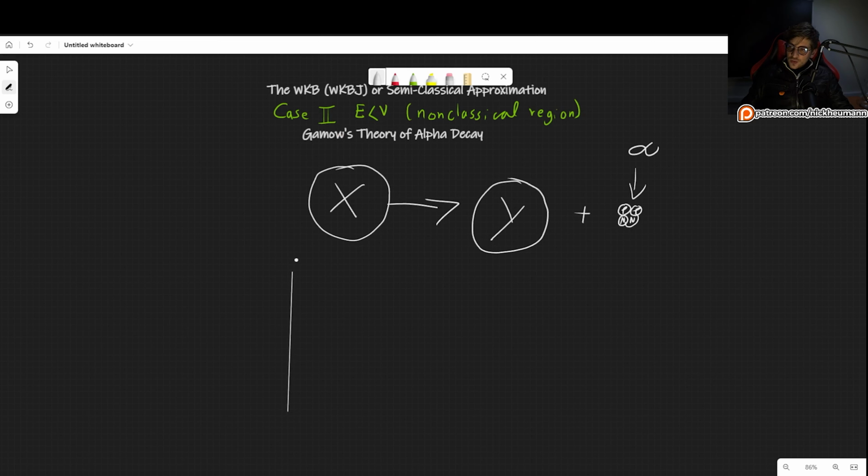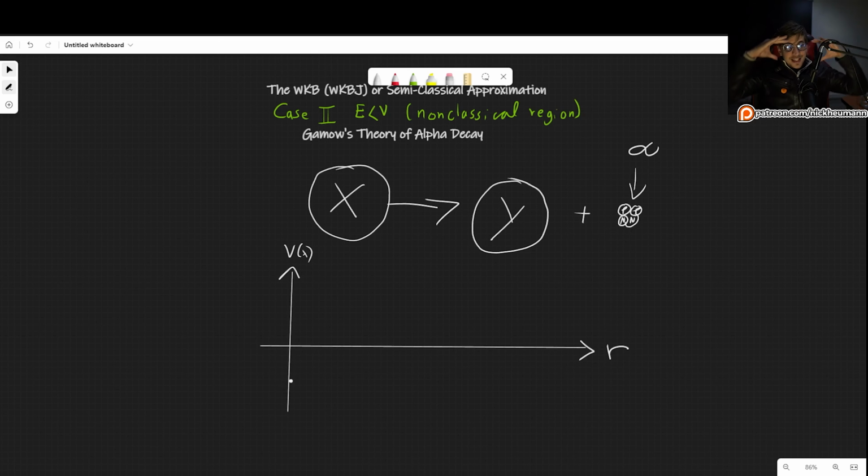So let's try to write down what this potential looks like. If we have some particle, right, let's call this the 0 point, and now this is the distance from the nucleus. Perhaps we should call it r instead of x. And if the particle is inside of the nucleus, then it will feel an attractive force because of the existence of the nuclear forces that keep the nucleus together.